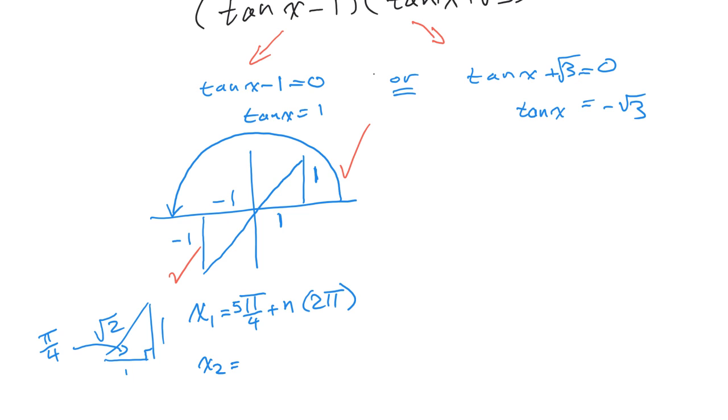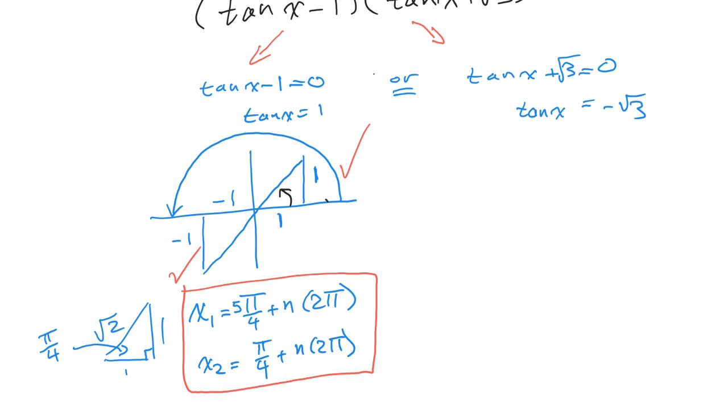The x2, which is the line that goes from here up to here, is going to be 5 pi/4 plus n times 2 pi. So that is your first solution for the left side of our bracket.